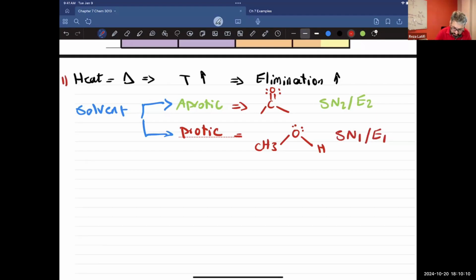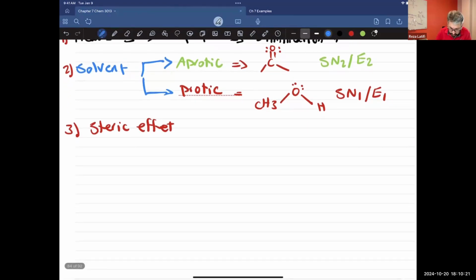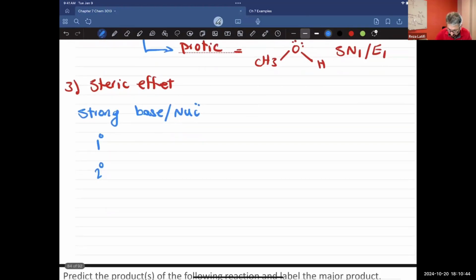So that's the first factor, the second factor is the solvent, and the third factor will be the steric effect. If you're dealing with a strong base or nucleophile, when we increase the steric effect, we will be favoring elimination.